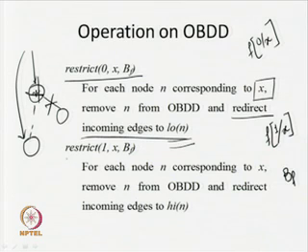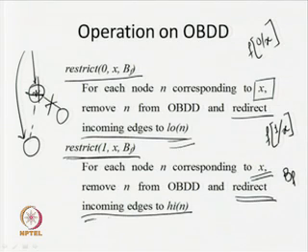Similarly, we use restrict 1 x b f. The treatment is similar. We remove all nodes labeled by x, and we redirect the incoming edges to the high of n. So, this is the way we can construct ROBDDs for the restrict operation. We restrict the function where x is 0 and where x is 1.